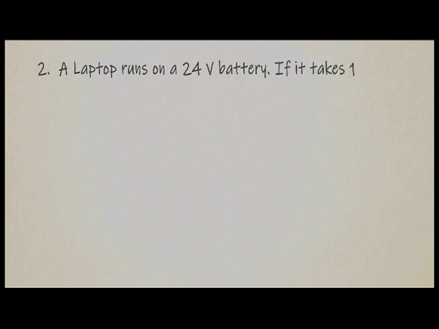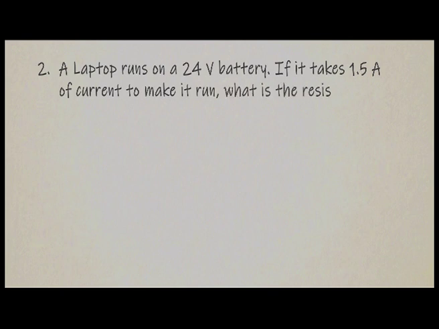Now let's look at another question. Question number 2. A laptop runs on a 24 volt battery. If it takes 1.5 amperes of current to make it run, what is the resistance? So, what do you think? As always, we have to list the given variables. V is equal to 24 volts.